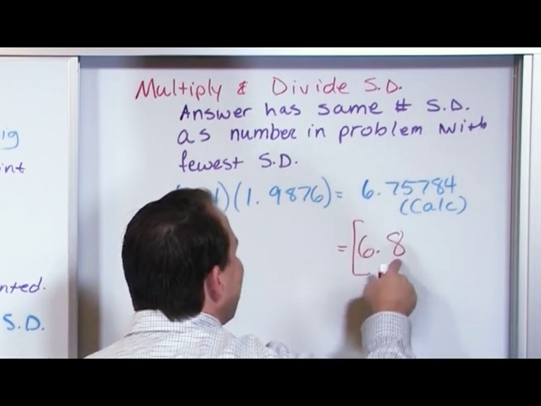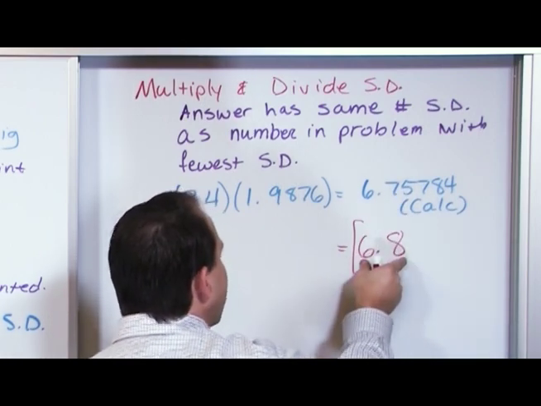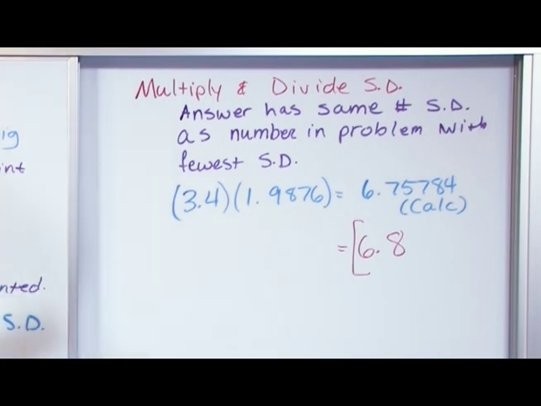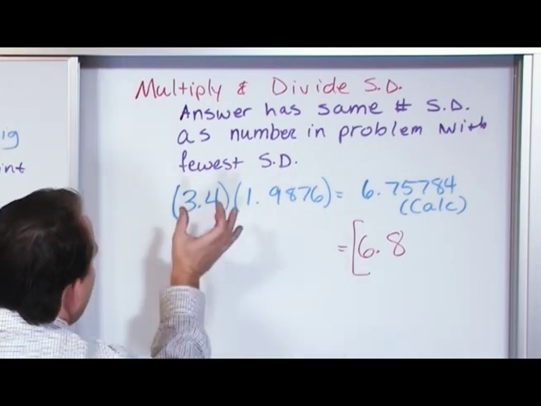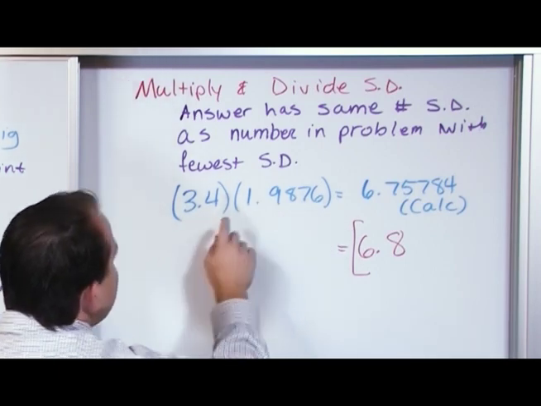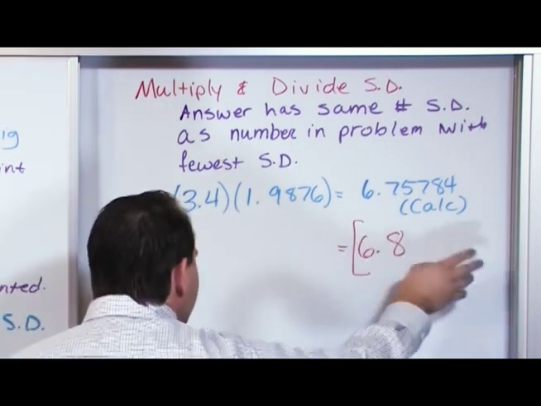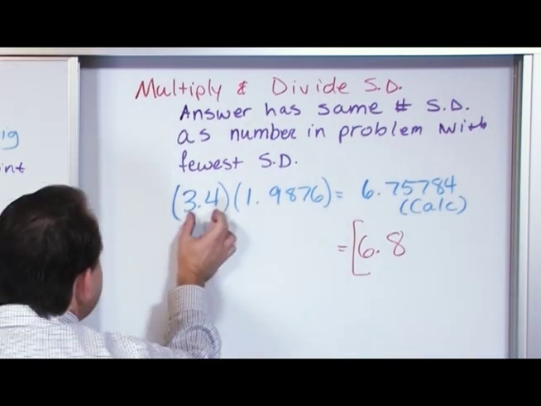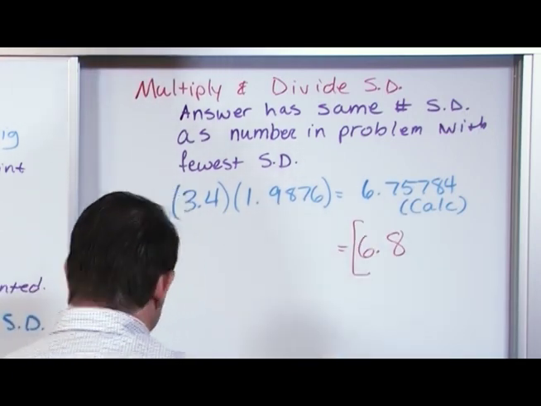This is going to round up to 8, and I'm going to truncate everything right there. 2 significant digits, 2 significant digits. That makes more sense because whatever I'm multiplying here, I was not able to measure this guy nearly as well as I was able to measure this. It doesn't matter how many decimals are after the decimal point. It just matters the total significant digits. 2 significant digits here, 2 significant digits here.